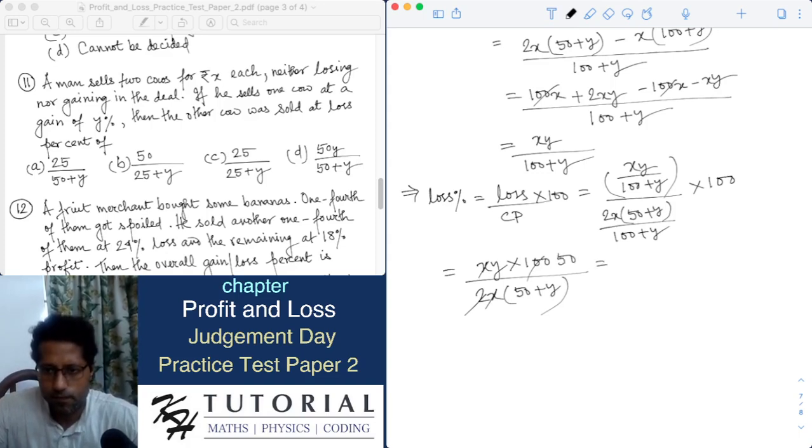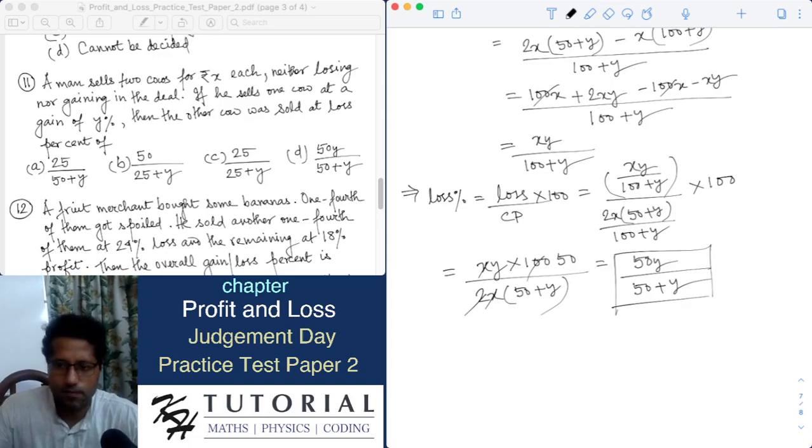So this is 50y divided by 50 plus y. So this is the loss percent. So the answer is choice D.